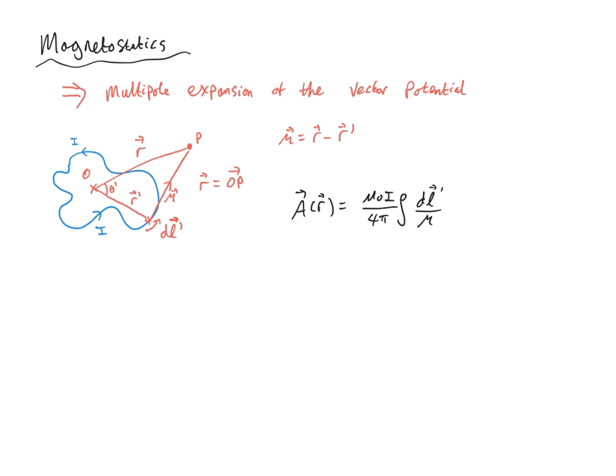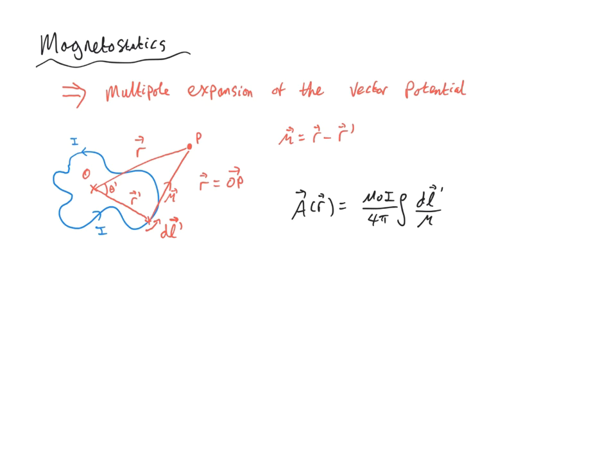So that's the equation. Instead of just blindly using this equation in its raw form in a brute force calculation, I want to do something slightly more clever. We want to approximate the vector potential using a series expansion in 1 over r.